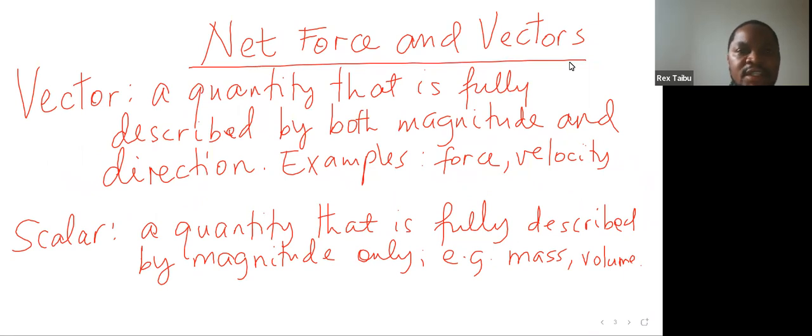A vector quantity in physics is a quantity that is fully described by magnitude and direction. So we need the size of that quantity and we need the direction. Once we can describe something with magnitude and direction, then that's a vector quantity. For example, a force is an example of a vector quantity.